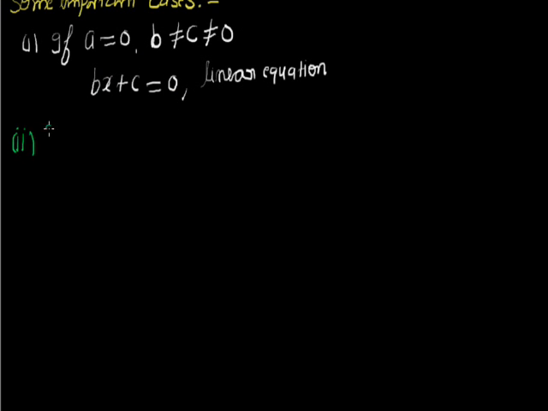If a is equal to 0 as well as b is equal to 0, but c is not equal to 0, then this equation will convert into c is equal to 0.